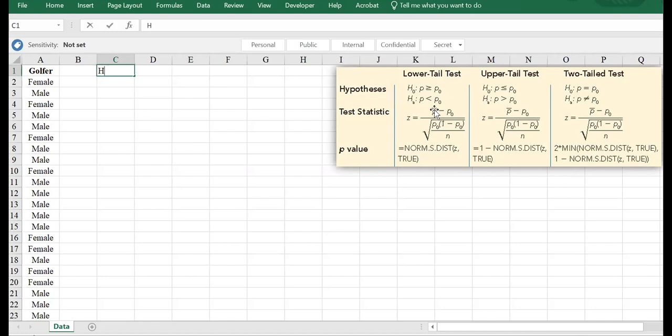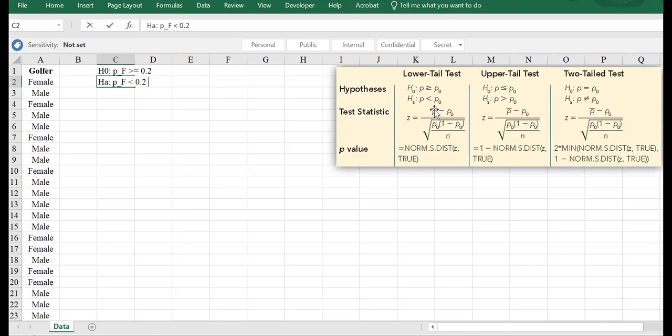So I would say my null hypothesis is that the proportion of female golfers is greater than or equal to 20%. And then the alternative hypothesis says the proportion of female golfers is strictly lower than 20%.